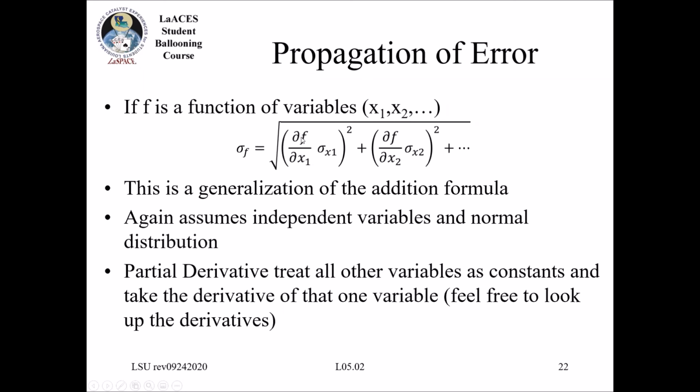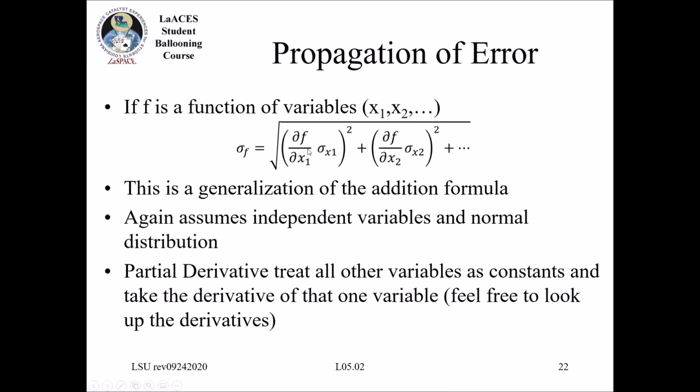So this df dx, that's a partial derivative. And that is basically taking the derivative of the function with respect to the variable x1 and treating everything else as a constant. Now, obviously, some of you probably have not gotten into calculus yet, so you don't know what a derivative is, but this is not a calculus class, so you should feel free to just look up the derivative, of whatever version you need.